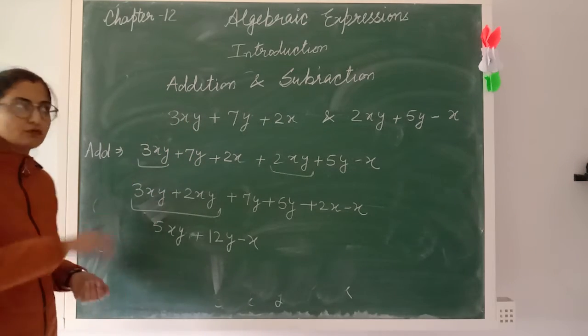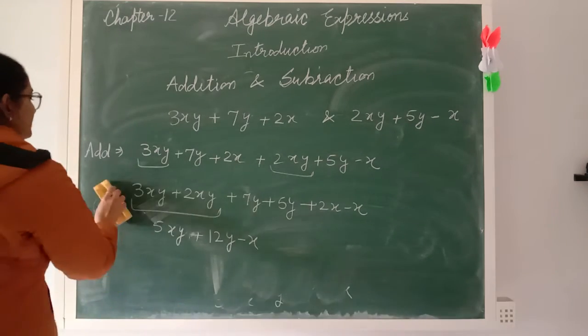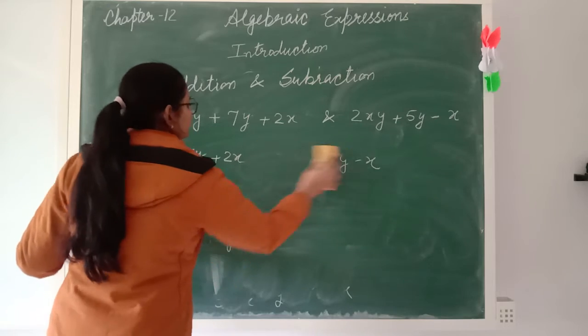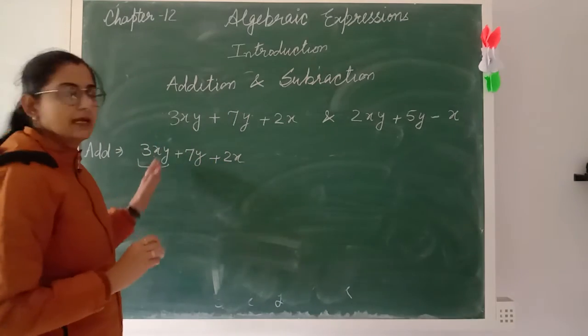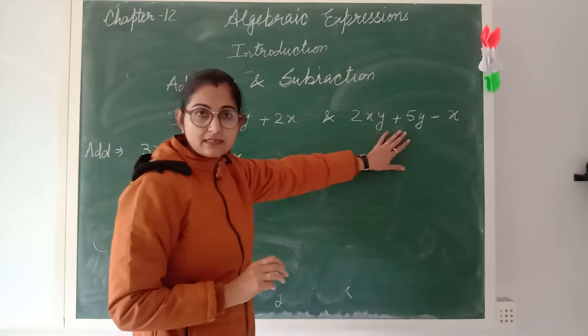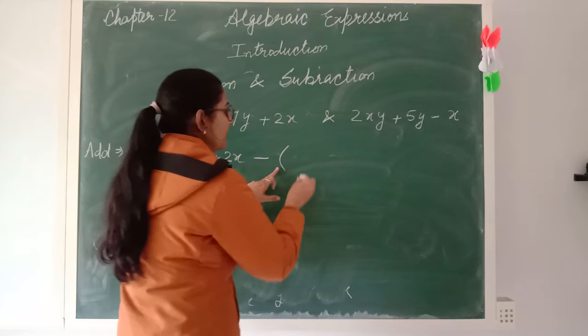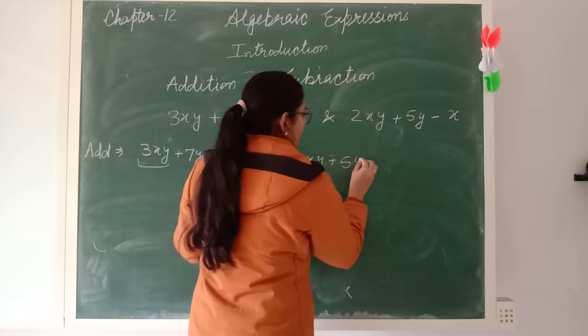I am going to solve this with subtraction. How to subtract? The first expression is the same. Now we have to subtract the second from the first. So I am writing minus and putting a bracket: 2xy plus 5y minus x.